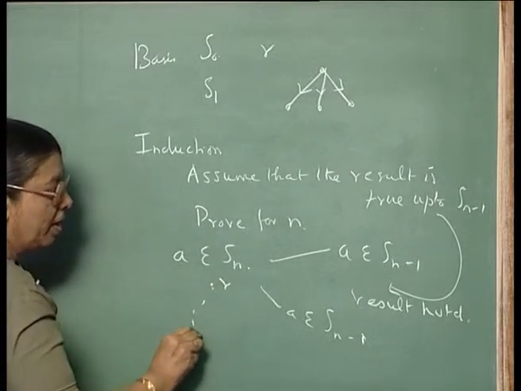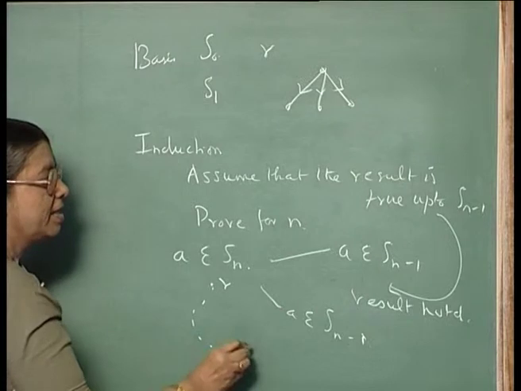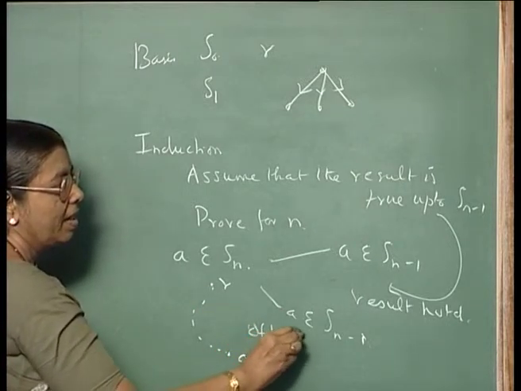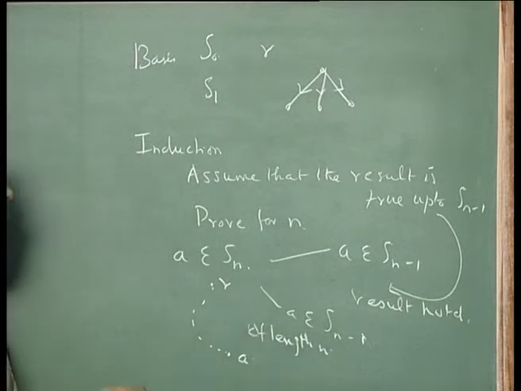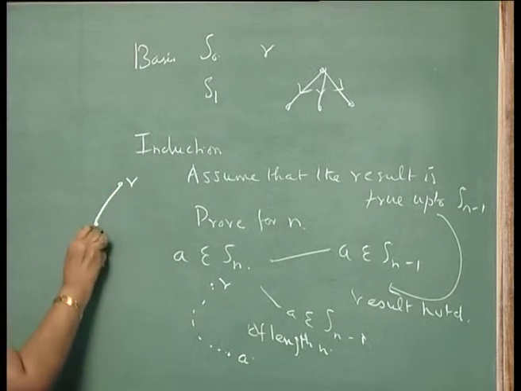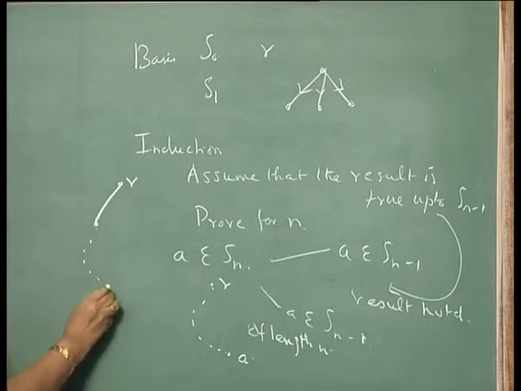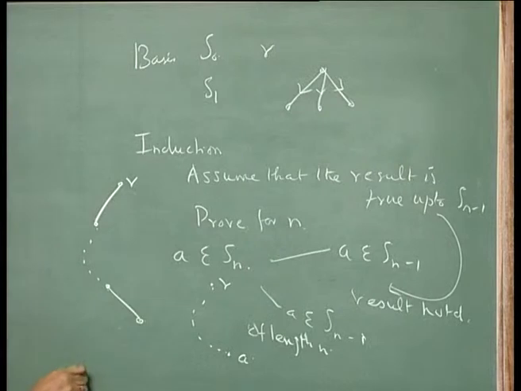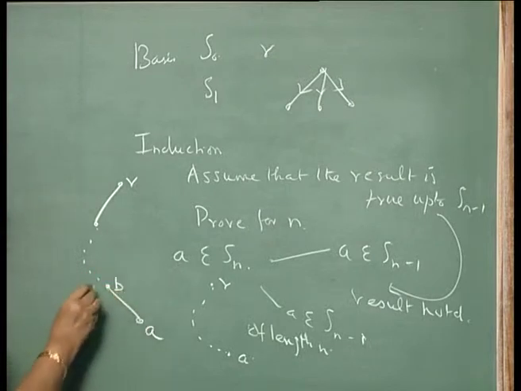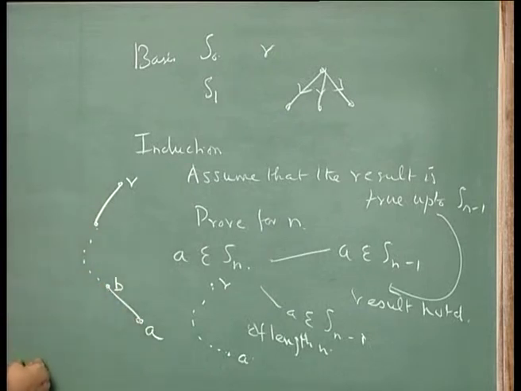From root the path to A is of length n. That means there is a path like this, root to some node and then to this node. This is A, some node B, this path is of length n minus 1 and from B to A you have a path.